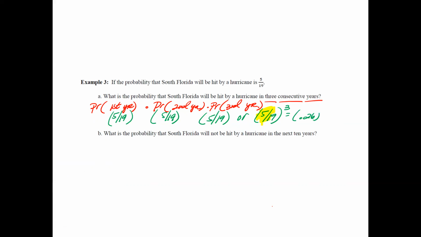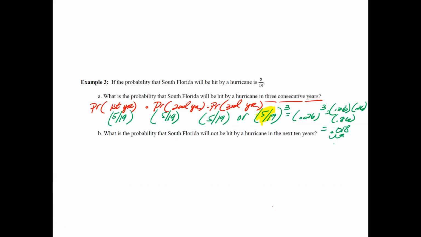You're correct, it's 0.26. And you're going to do 0.26 times 0.26 times 0.26. Or if you're more fancy and advanced, you can use the exponent button on your calculator, which gives you 0.018.